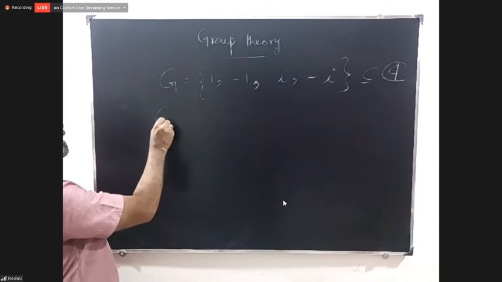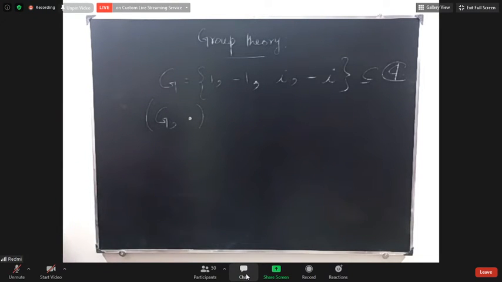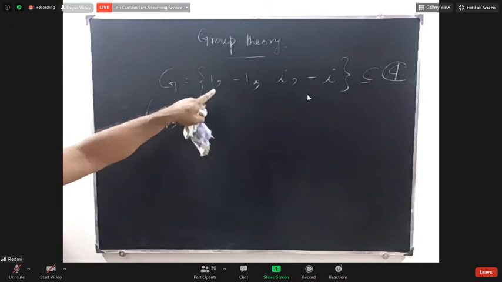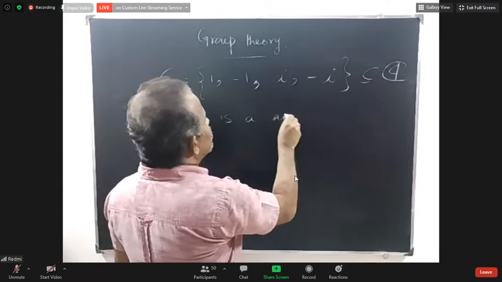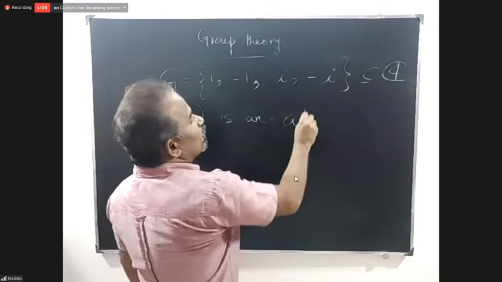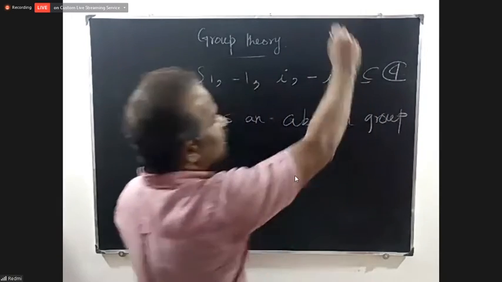I am taking the set with the multiplication operation. So this is an abelian group.